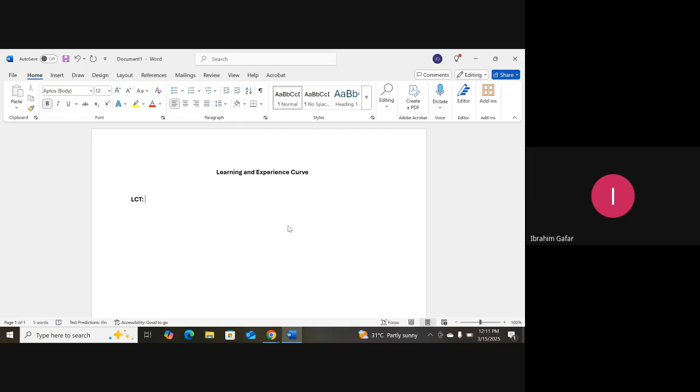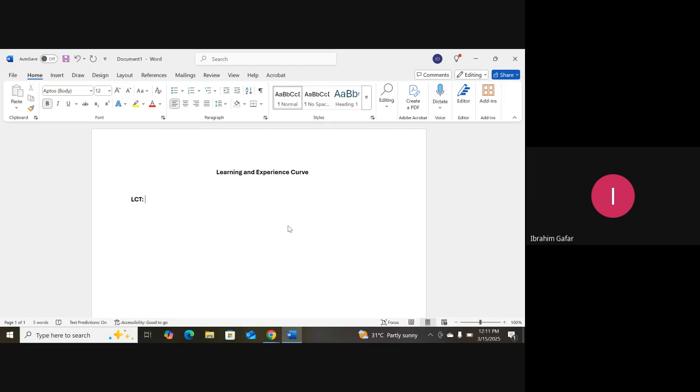It reduces with the number of times the job is performed. So the concept behind this learning curve is the CAT, the acronym for cumulative average time taken. We call it CAT.